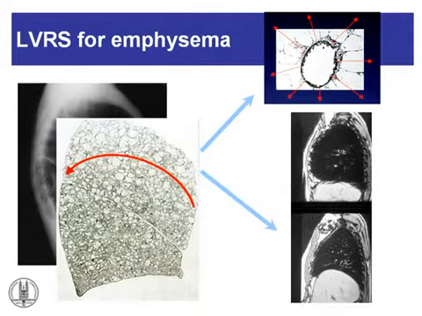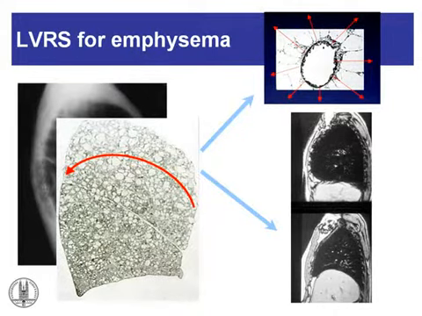And the other effect is that you change this highly overdistended chest into a normal-sized chest, and the diaphragm, which is flattened and cannot move up and downwards anymore, moves upwards and works again as the most important muscle for respiratory mechanics.